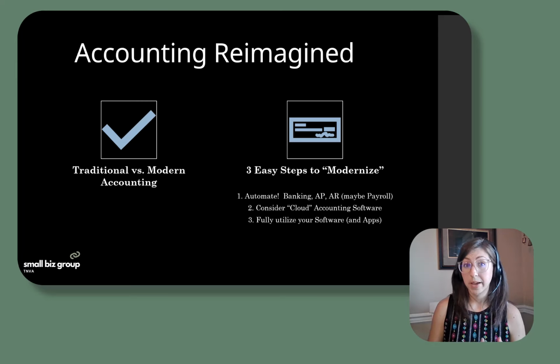Maybe you start with banking and you look at your centralized banking and you work on those bank feeds. So maybe that's an area that you start with. Or depending on the nature of your business, maybe you want to automate invoices going out. Maybe you have routine invoices that you send to customers that are about the same amount each month, for example. Automate that. Get it off your plate.